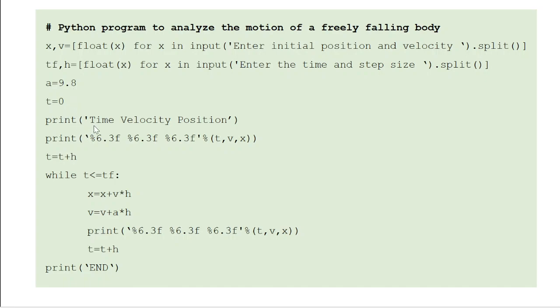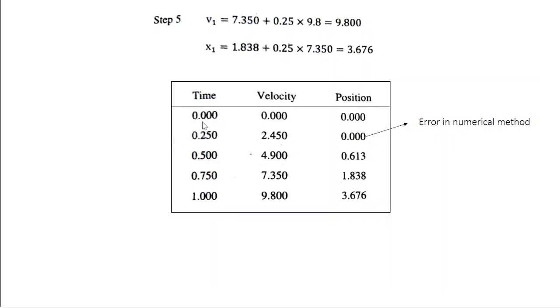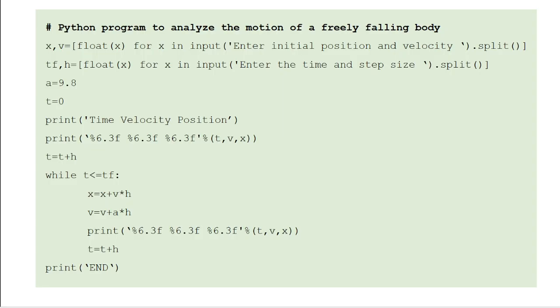Then you print the titles of the table: time, velocity, position, and the initial values are readily available, so you can straight away print them. So the initial values of t, v, and x are printed. In this table, the first row is ready. Now you need to print the second row onwards, so you need to move to the second element. I increment time by the step size h, t equal to t plus h.